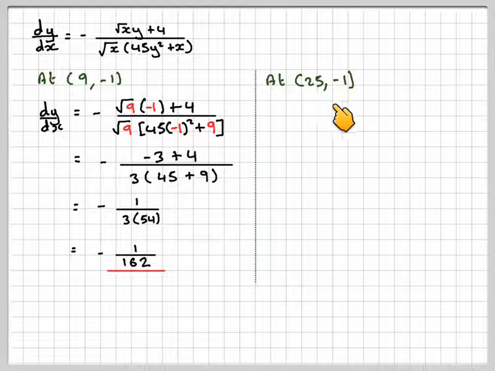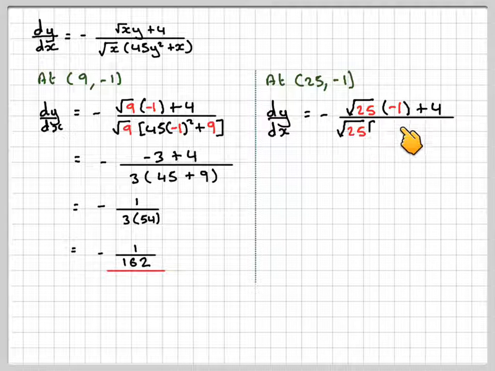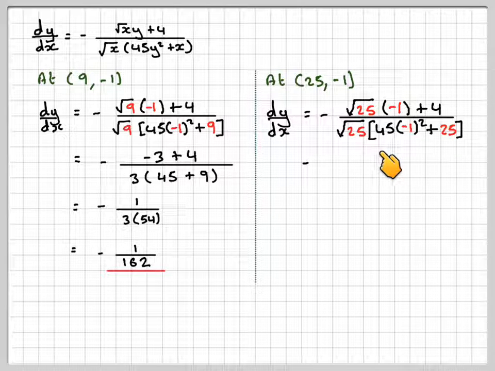At (25, minus 1), we're going to get dy by dx is going to be minus root 25 times minus 1 plus 4 over root 25 times 45 times minus 1 squared plus 25.